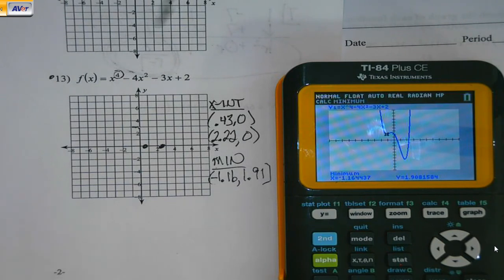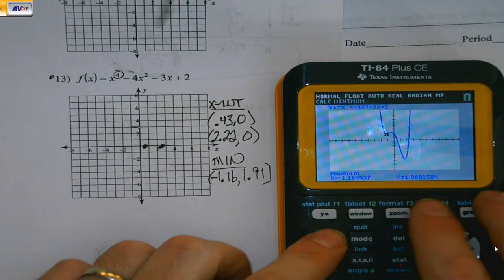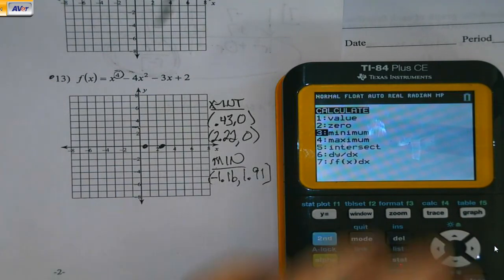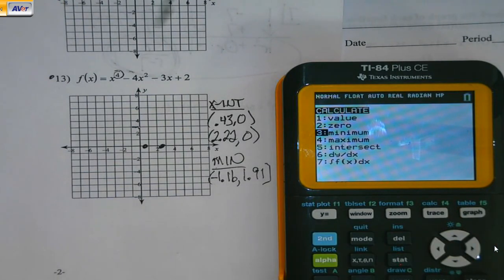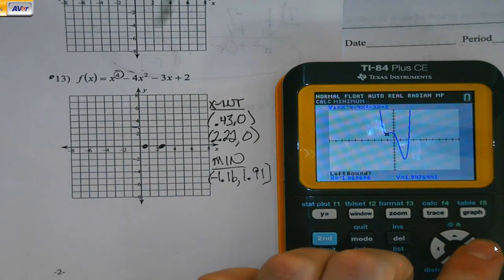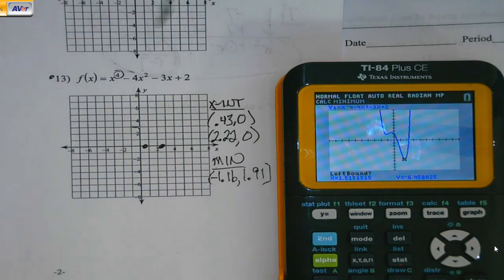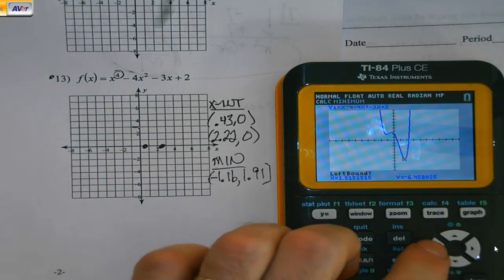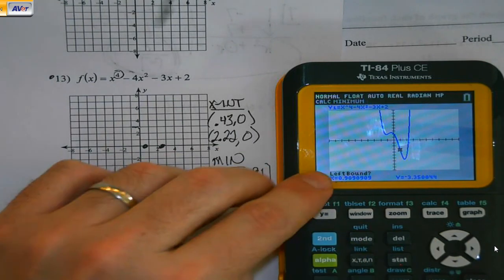So not bad. But I do have a second one. I start my process over. So we're looking for a minimum. So I get my way over to that minimum as close as I can. And you know the drill at this point. 1, 2, 3, 4 to the left.